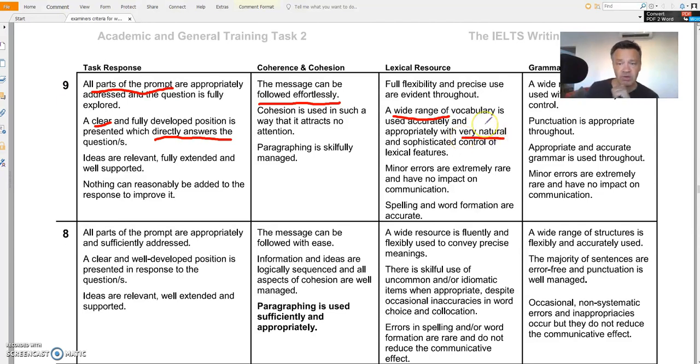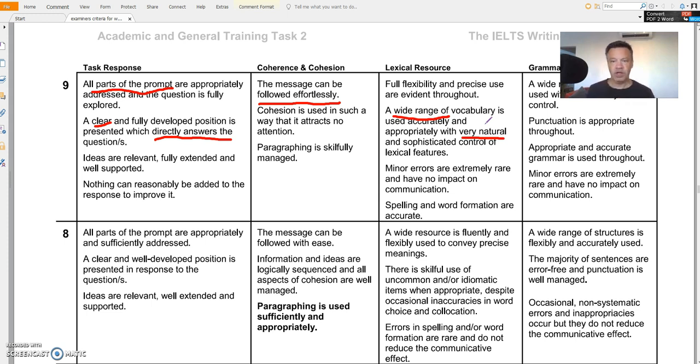This is the key also in the speaking section, which I've mentioned on more than one occasion. The best way to get a high score is to be as natural as possible. Don't memorize phrases either for writing or speaking. It's a communication exercise. You want to be as natural, as native-like as possible. Same for writing and speaking.